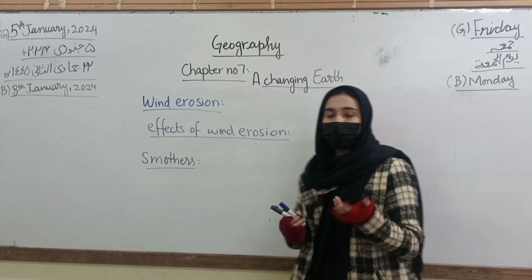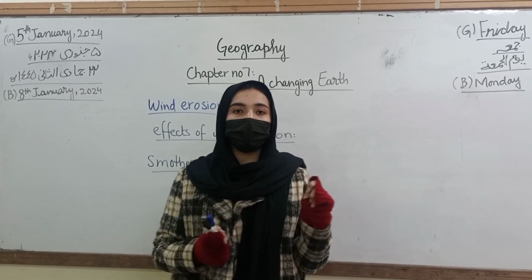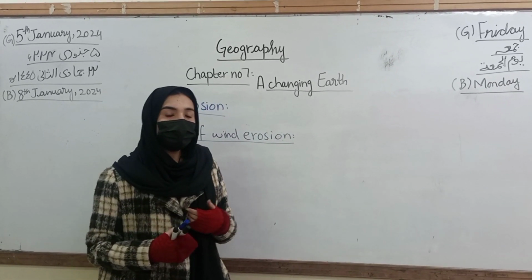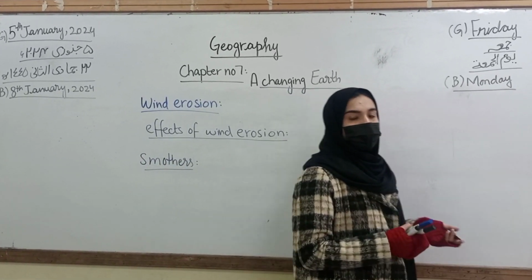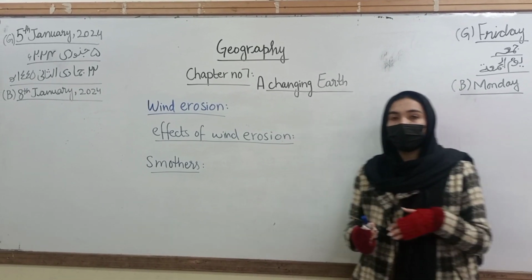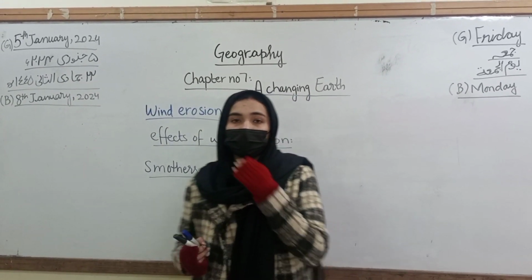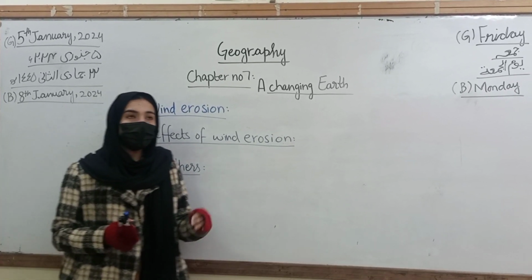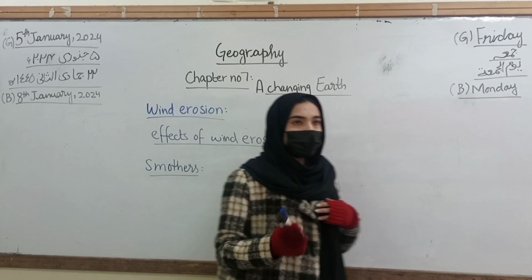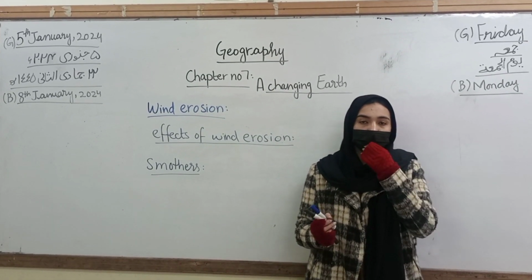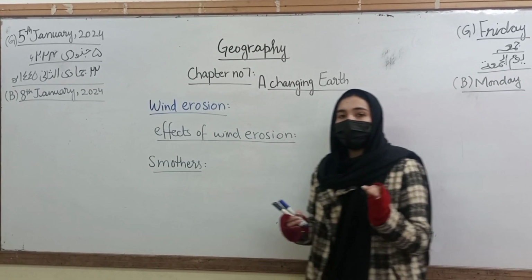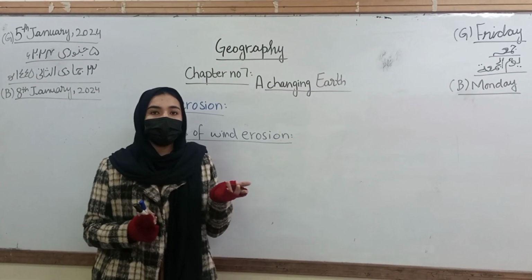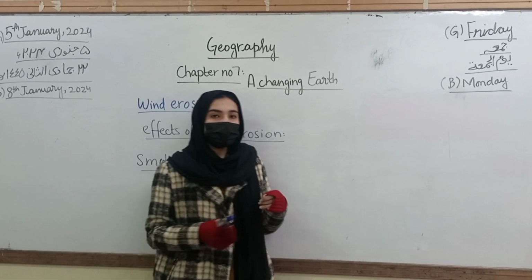When the dust particles are moving in the air, it causes breathing problems and affects our lungs. It also causes traffic accidents, because when dust particles are present in the air, the driver or the rider loses visibility. So it causes traffic accidents. It also causes eye irritation and eye disorders. So it affects our health in such ways.